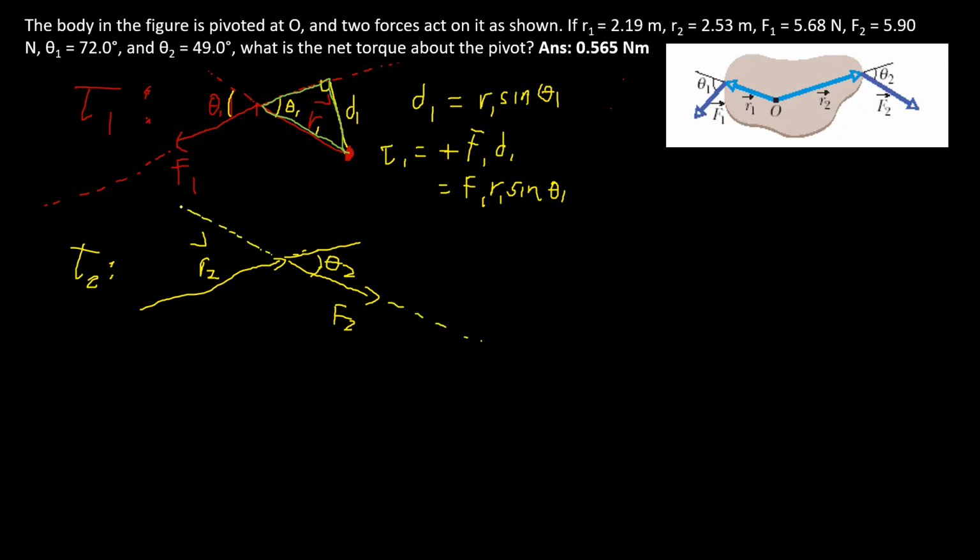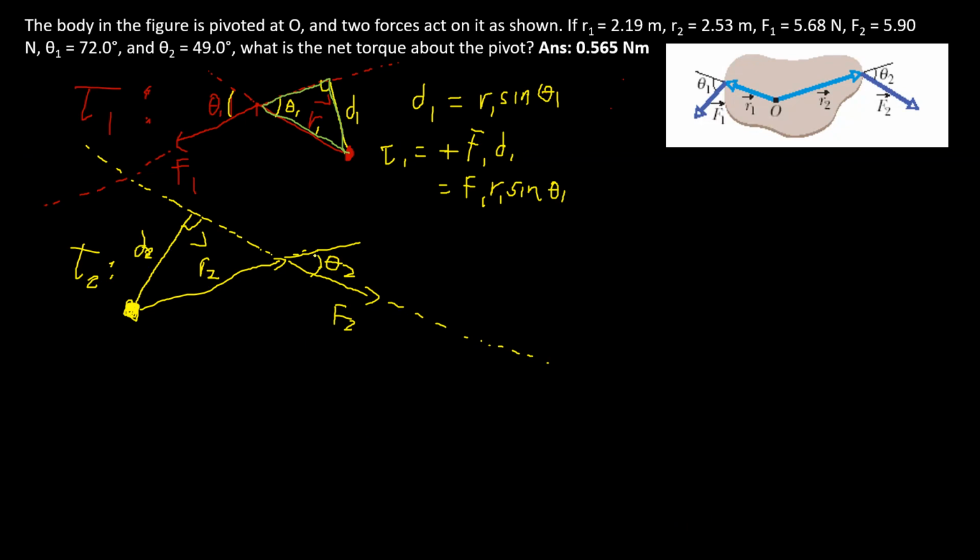I'm just extending the force vector from the tail and from the head. Starting from the axis of rotation, which line is perpendicular to the line of action of force? There's only one line, and that is this line. This one is D2, perpendicular to the line of action of force 2.